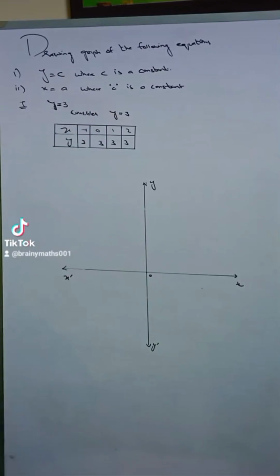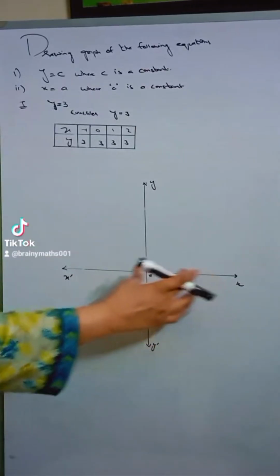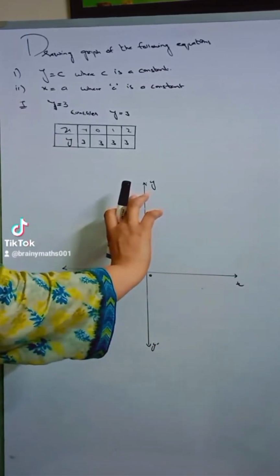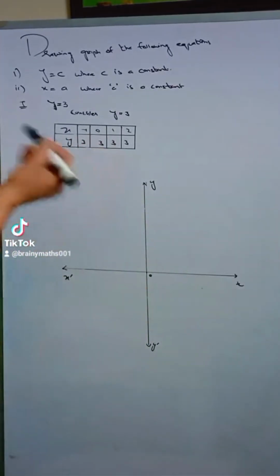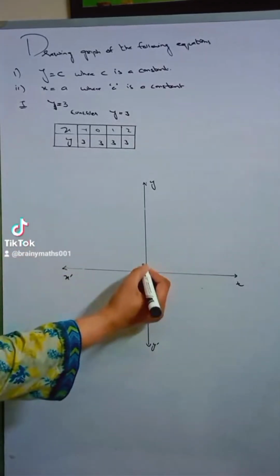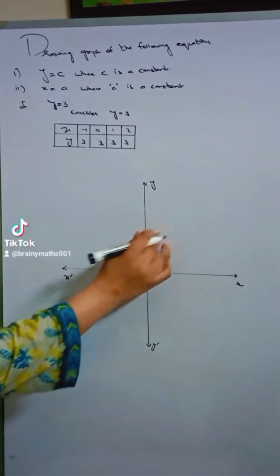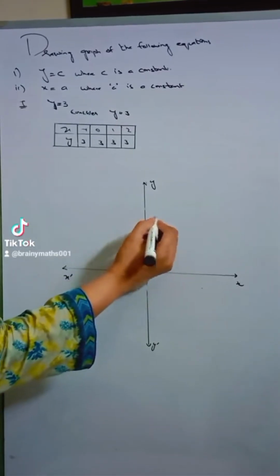You can simply do that where y is positive. I have told you x is positive on the right side, x is negative on the left side. Y is positive on the upper side of the y-axis, and y is negative on the downward side. So here y is positive, y equals 3. It's very simple, very easy. It's 0, 1, 2, 3, 4, 5.